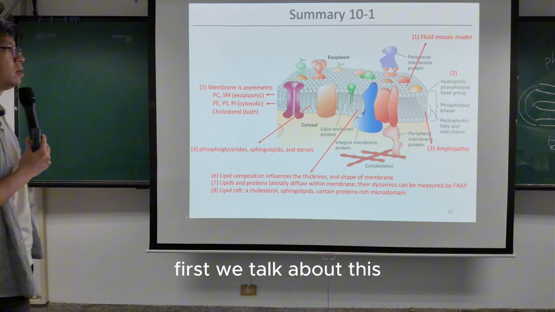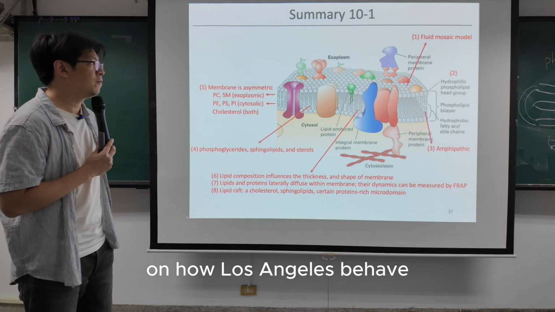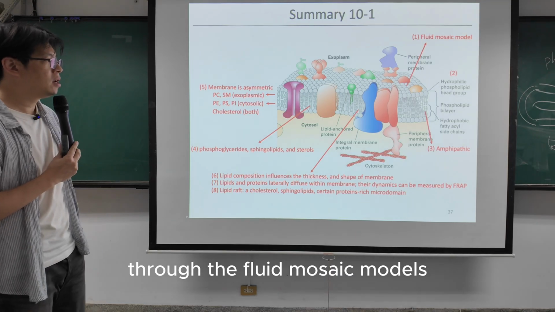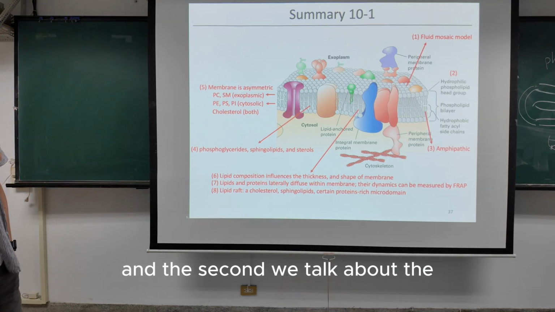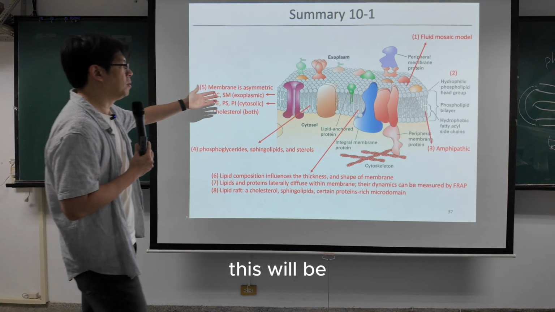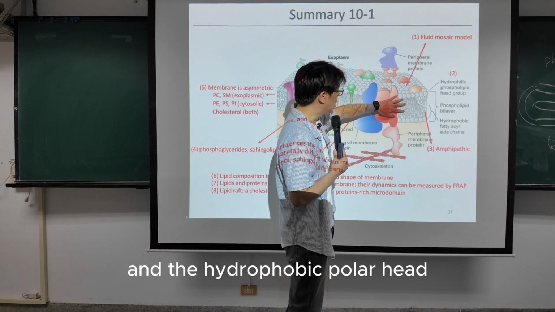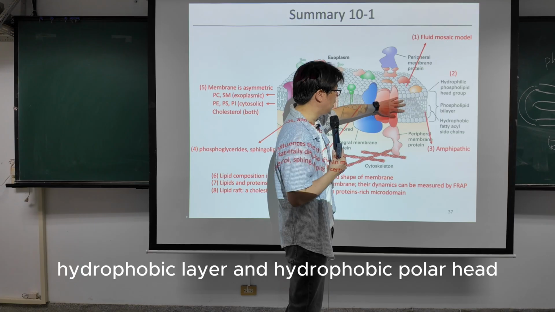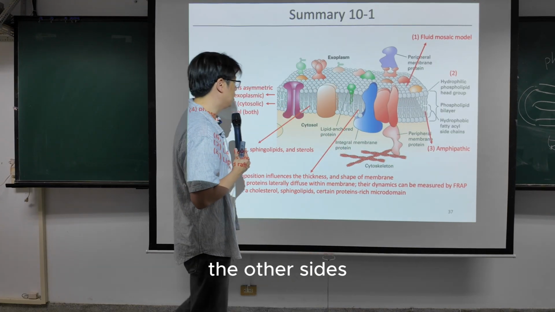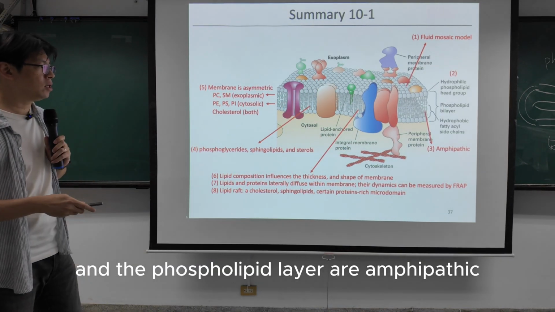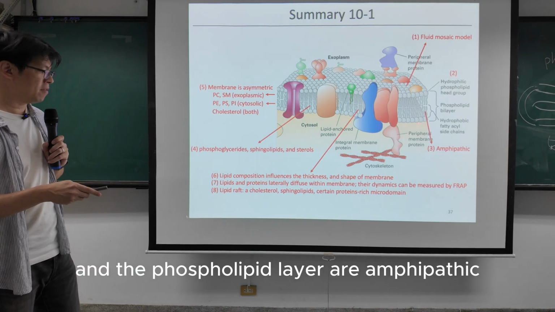Okay, so just to give you the overview. First, we talked about how those molecules behave through the fluid mosaic model. Second, we talked about the orientation: the hydrophilic polar head, the hydrophobic layer, and the hydrophilic polar head on the other side. Those are phospholipids, they are amphipathic.